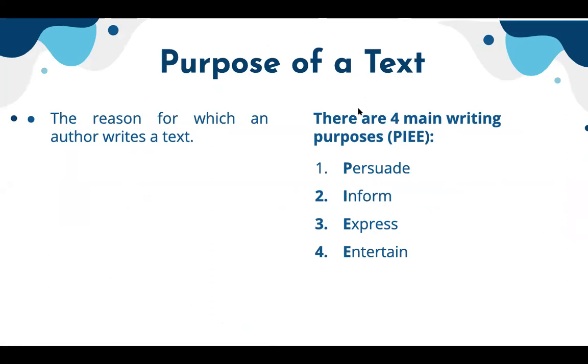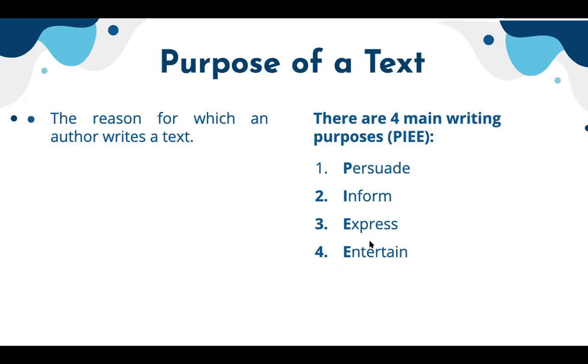So we have the purposes of a text, and this is the reason for which an author writes a text. El propósito es la razón por qué un escritor escribe un texto. And there are four main writing purposes: persuade, inform, express, and entertain. Hay cuatro propósitos para un texto.